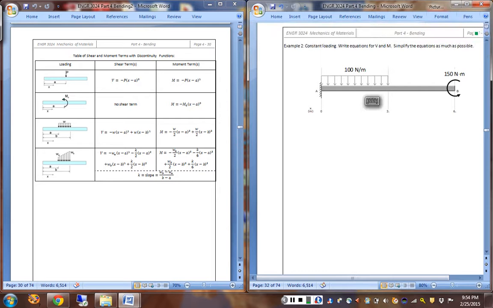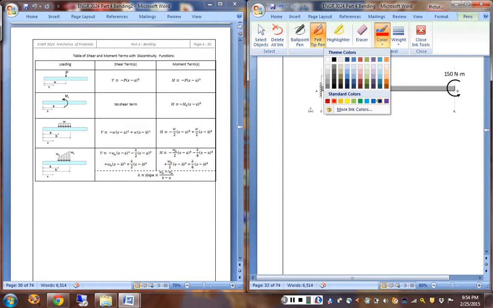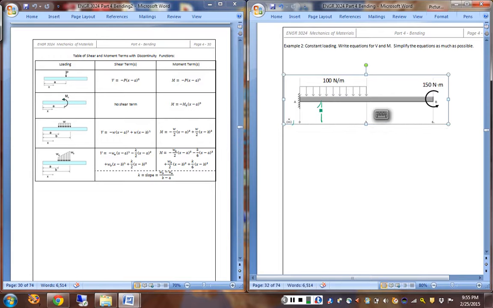First step is to figure out the external reactions.